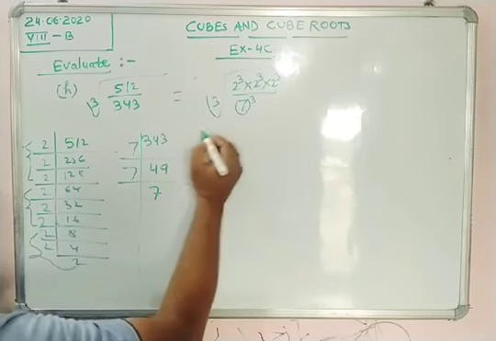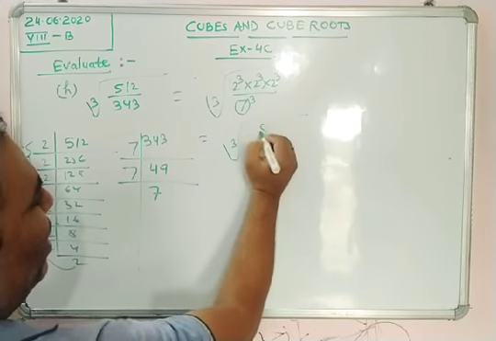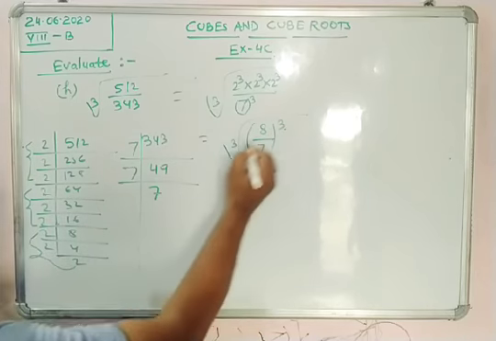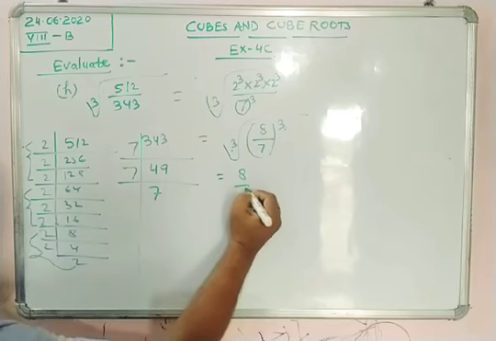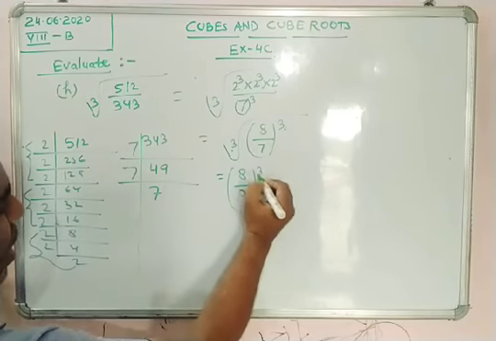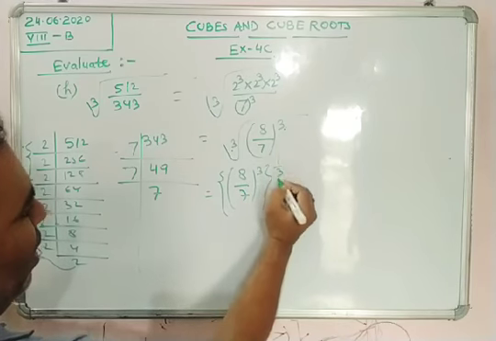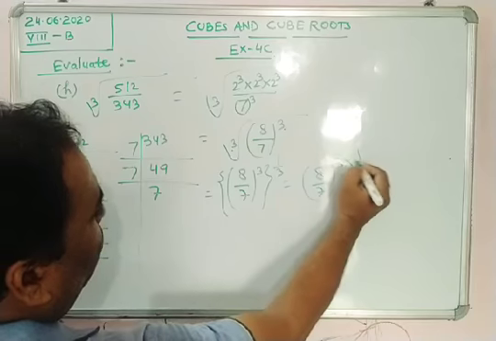So under the cube root, 2 to the power 9, that is 8, by 7 to the power 3. This 3 and this cube root will get cancelled. 8 by 7 to the power 3, to the power 1 by 3. Now 8 by 7 to the power 3 into 1 by 3.